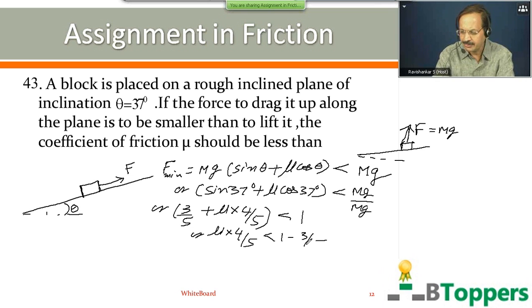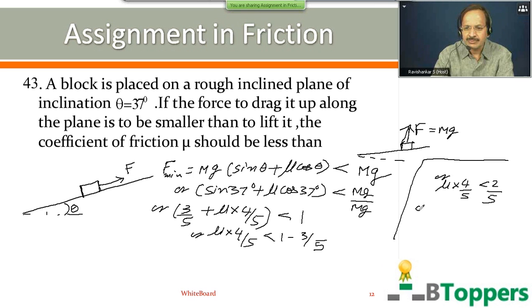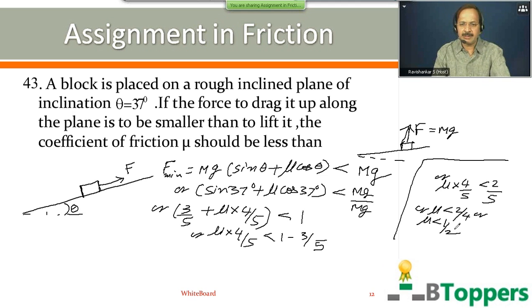Those who want to copy the solution can start copying. So the coefficient of friction between the block and the inclined plane has to be less than 1 by 2.